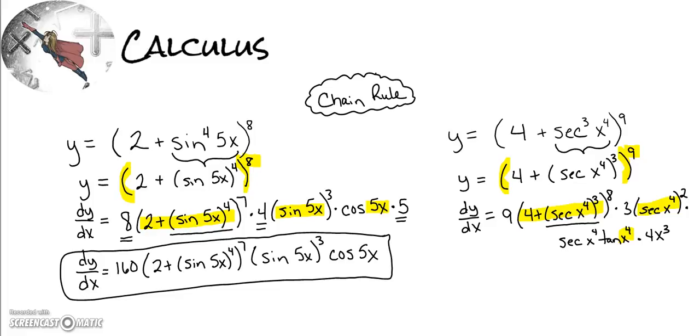And at that point, we've done all of the derivatives of all of the functions, working our way from outer to inner. And so then, like in our first problem, we're just going to find the coefficients, 9, 3, and this 4x cubed, and just multiply those together and put them in front. That just makes it more simplified. So that is 108 x to the third, and then just recopy everything else.